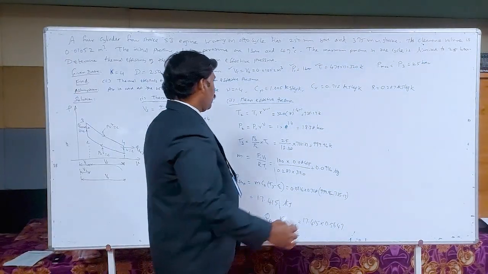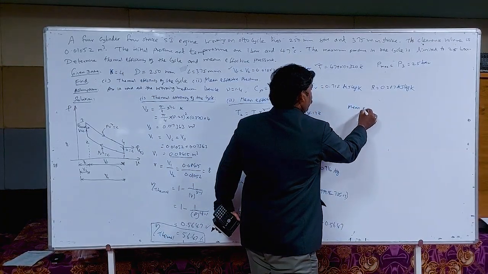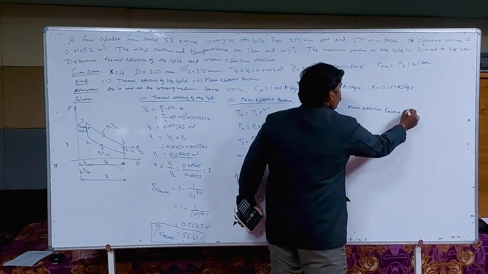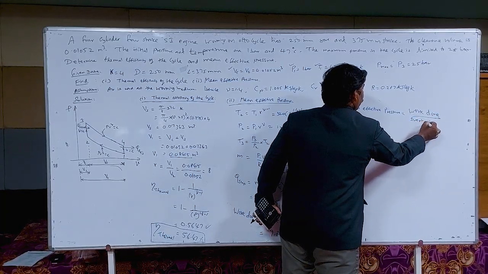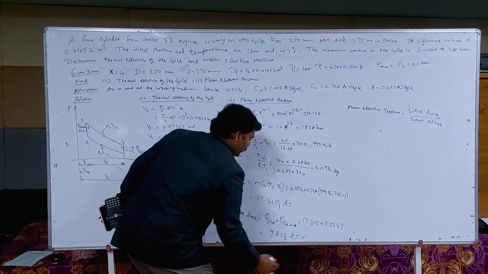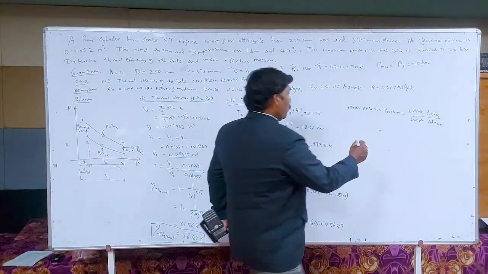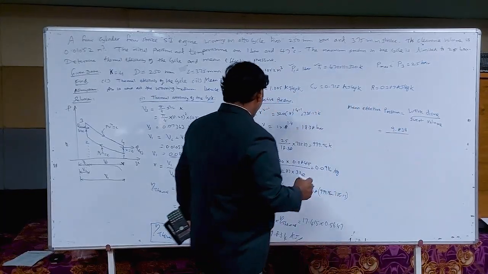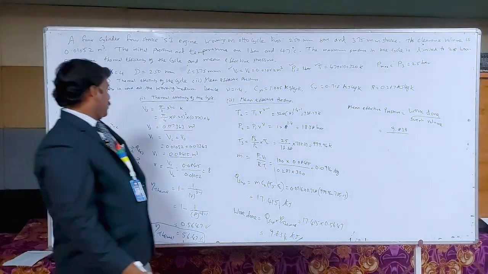And then I have to find out the mean effective pressure. The mean effective pressure is equal to work done by swept volume. So work done is 9.834 kilojoule divided by the swept volume, which we have found as 0.07363 meter cube.